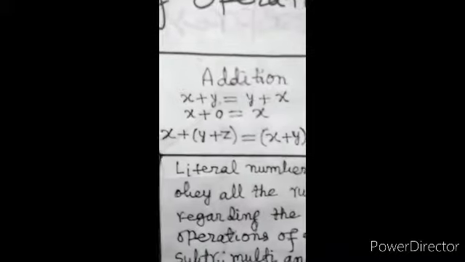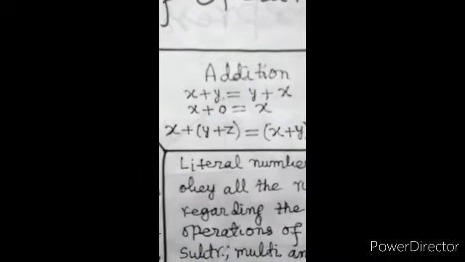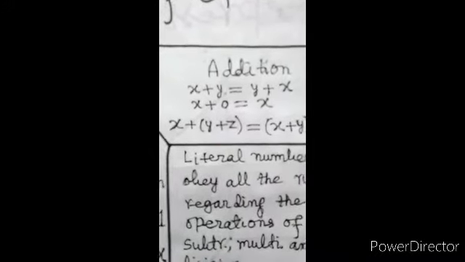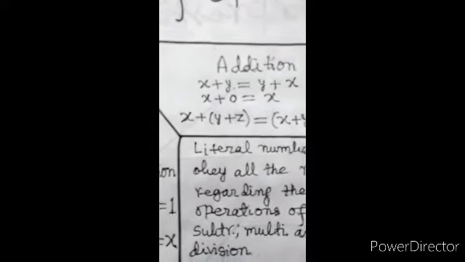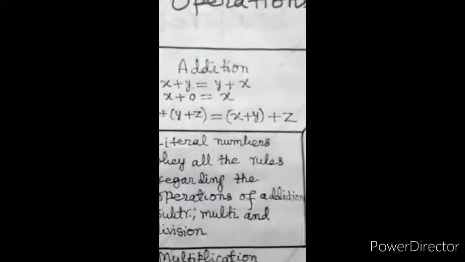Firstly, addition. x plus y is equal to y plus x. x plus 0 is equal to x. x plus (y plus z), where y plus z are in one group, is equal to (x plus y) plus z.